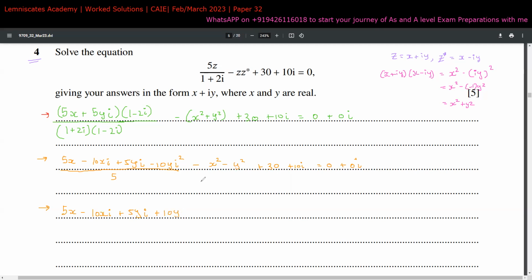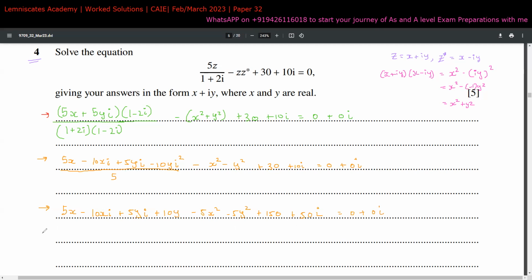This is 10y. And now this becomes minus 5x square minus 5y square. Remember, I'm multiplying 5 on both sides, right? Plus 150. 30 times 5 is 150, plus 50i is equal to 0 plus 0i into 5, which is nothing but 0 plus 0i.